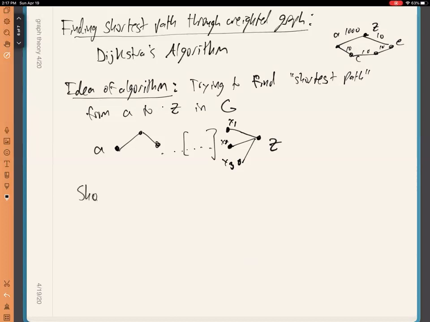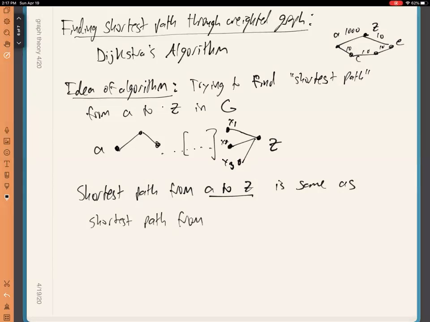Right, so the shortest path from A to Z is actually the same as finding the shortest path from A to some other vertex xi that's incident with Z, right?